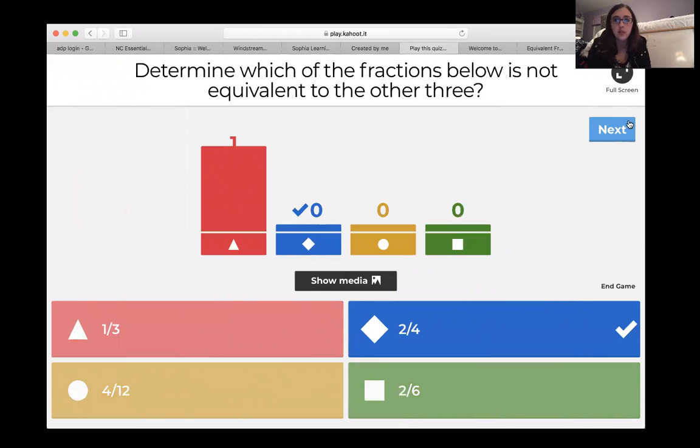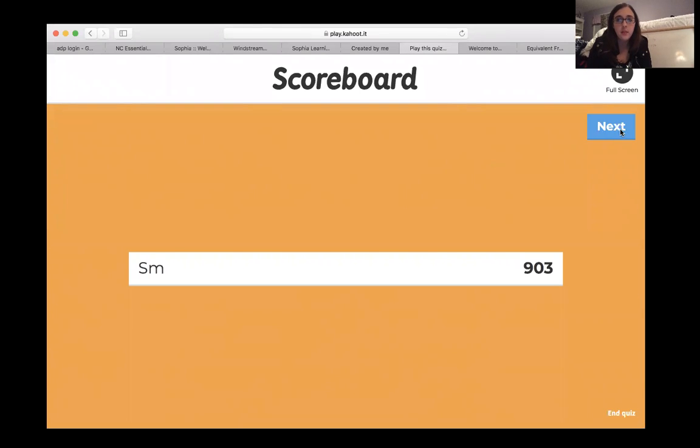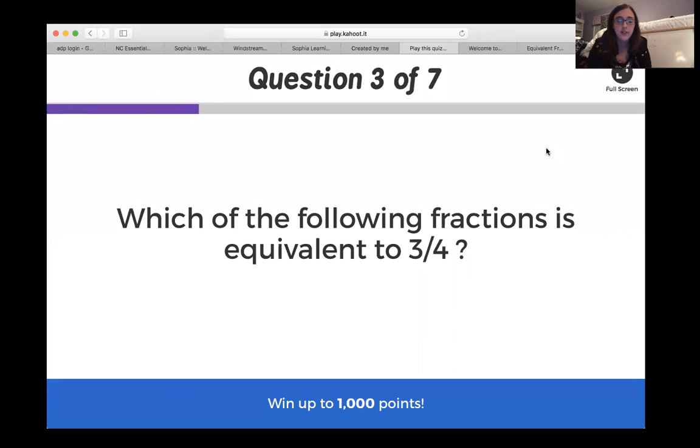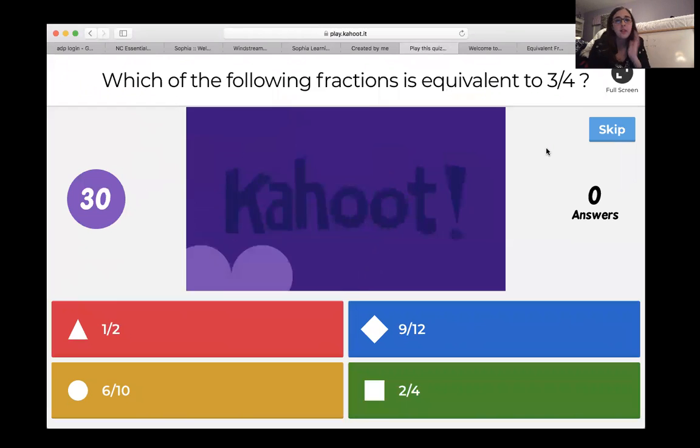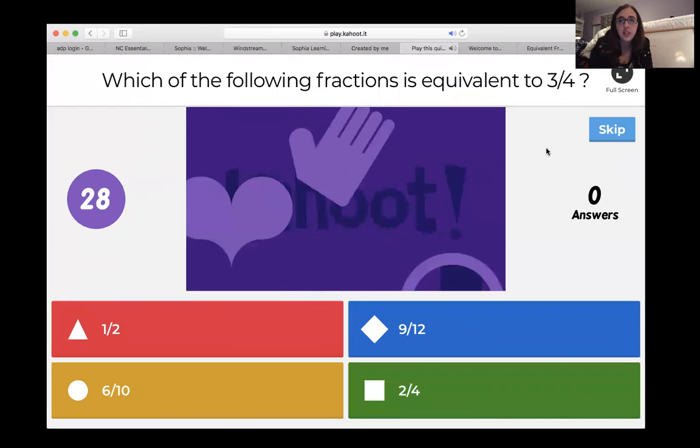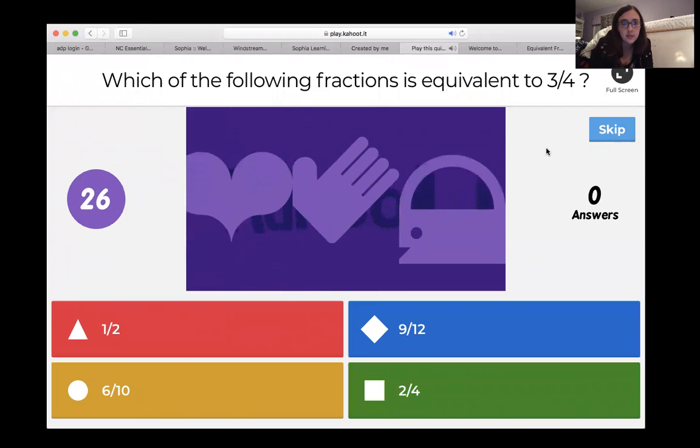Those 2/4. It's okay if you get them wrong. We're just practicing to help expand our knowledge of equivalent fractions.